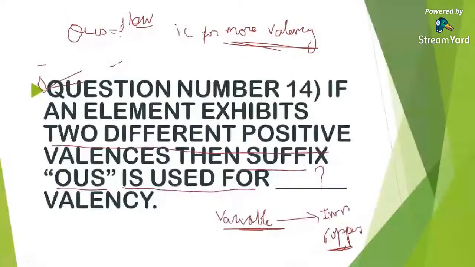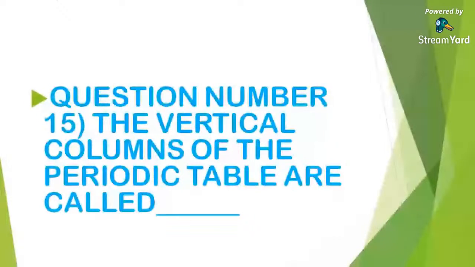So now, let's see the next question. Question number 15 is: the vertical columns of the periodic table are called. The periodic table is a tabular arrangement of elements on the basis of their properties.